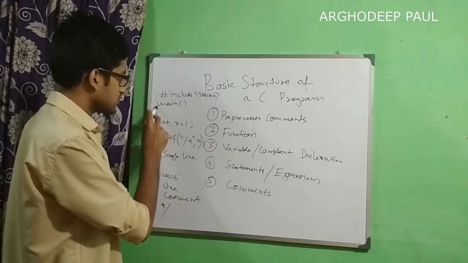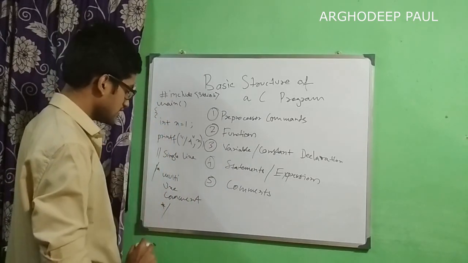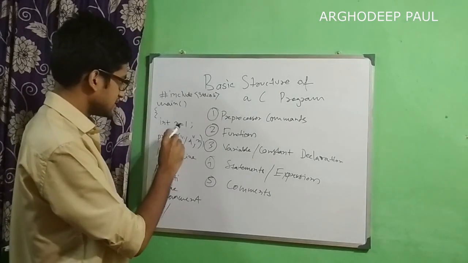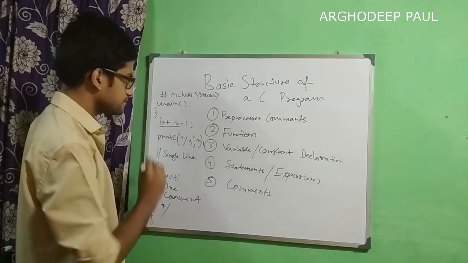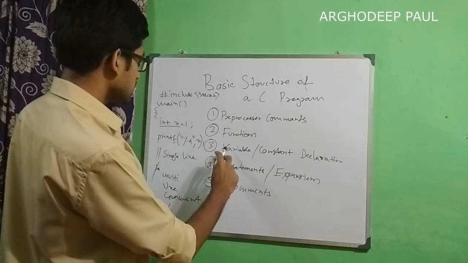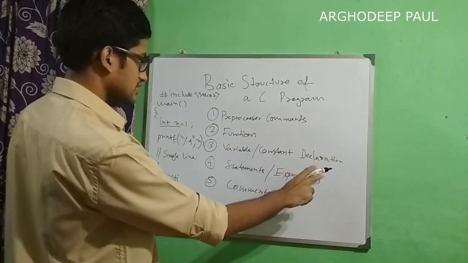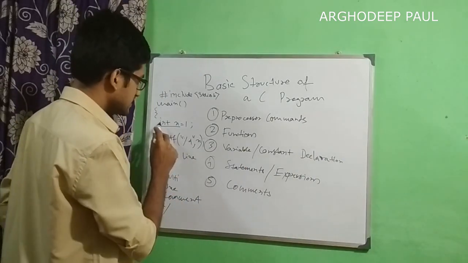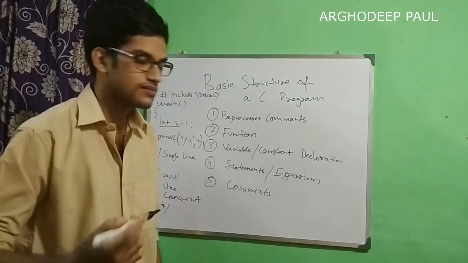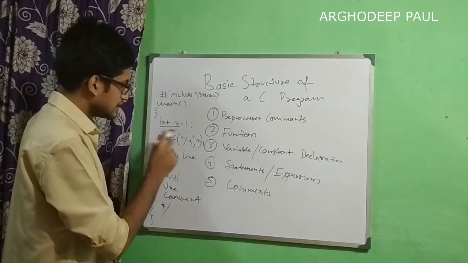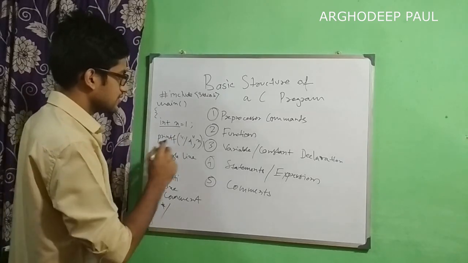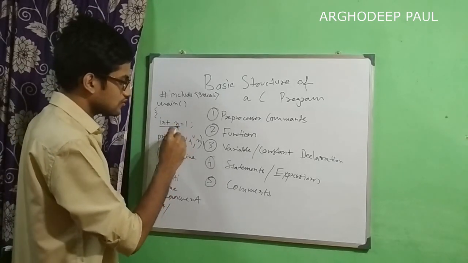It starts from here. The brace opens and the brace closes here. And int, this part is the variable or constant declaration part. This is a variable declaration where int is the data type. I will be talking about data types later, but for now int n means I'm declaring the n variable and also assigning 1 to this n.